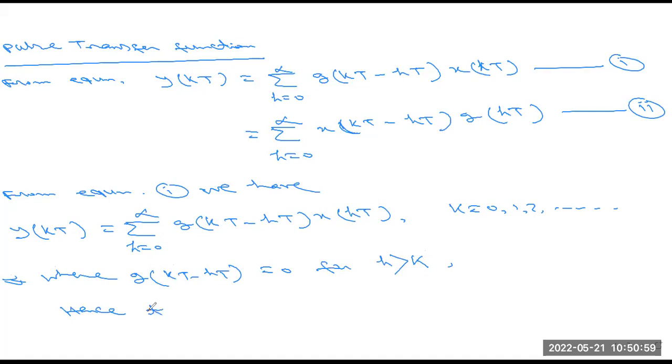Hence the z transform of y(kT) becomes, going to the next page, Y(z) is equal to the summation of k from 0 to infinity of y(kT) z to the power minus k.